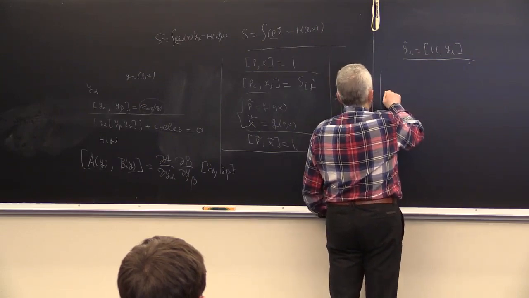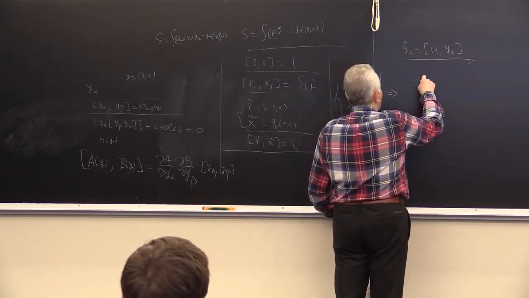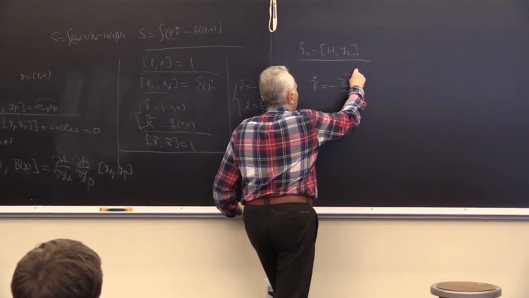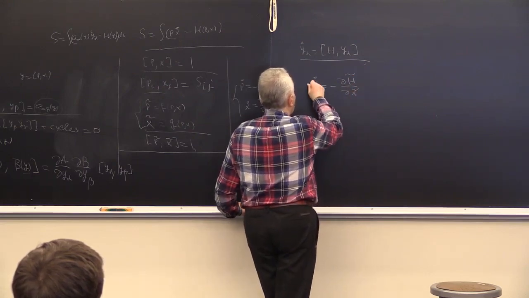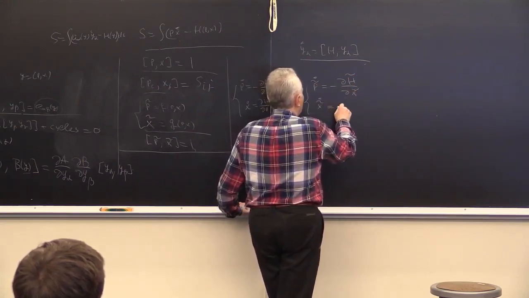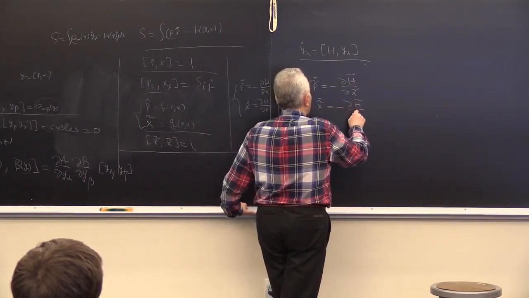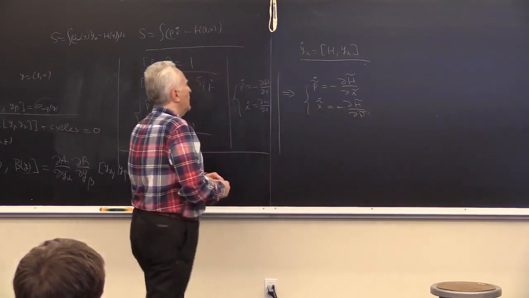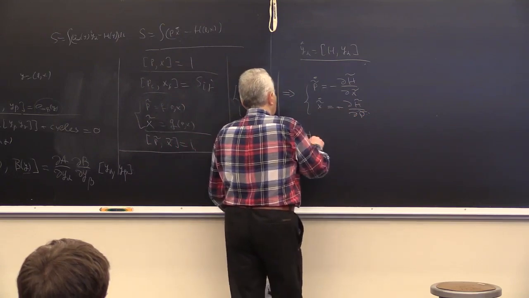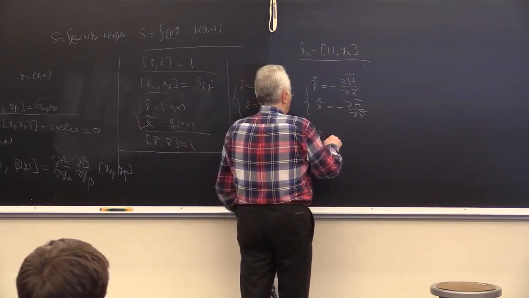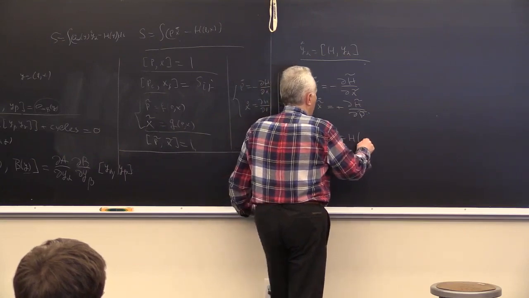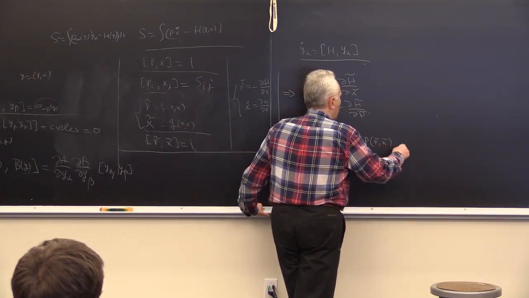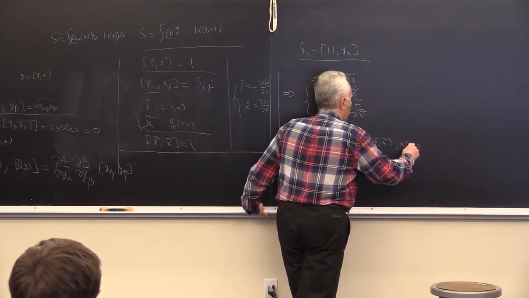Actually, the canonicity means that the Hamiltonian H tilde is H of p(p tilde, x tilde), x(p tilde, x tilde).